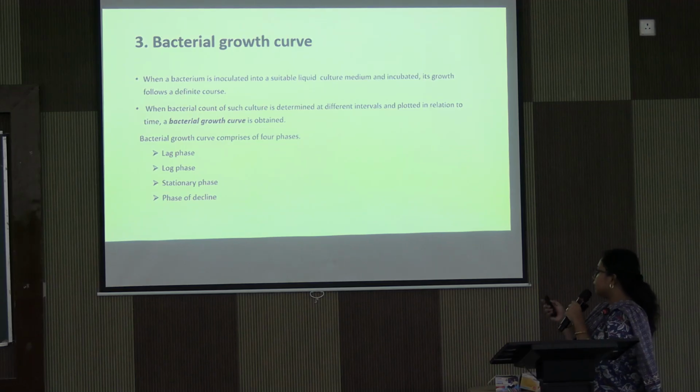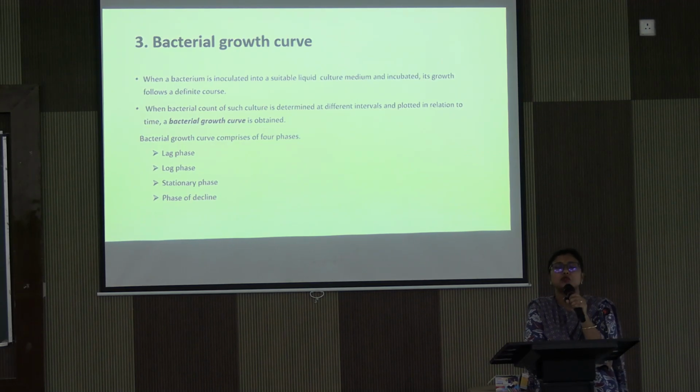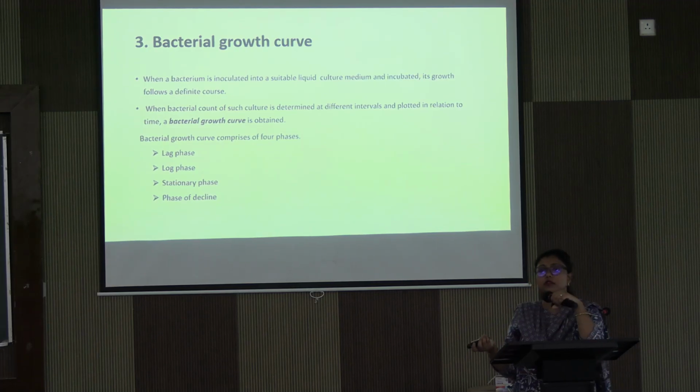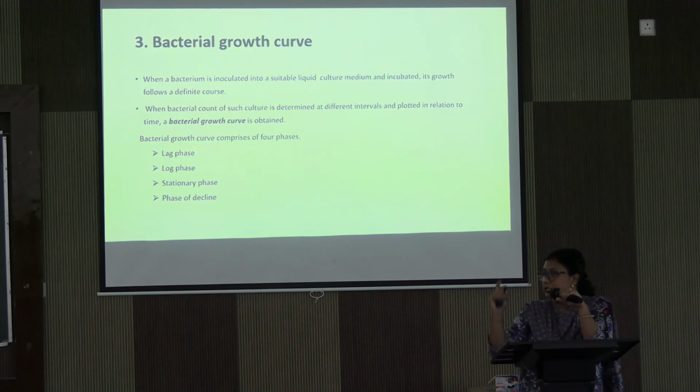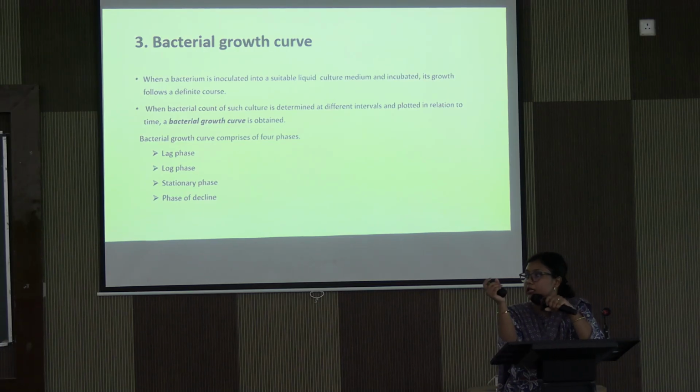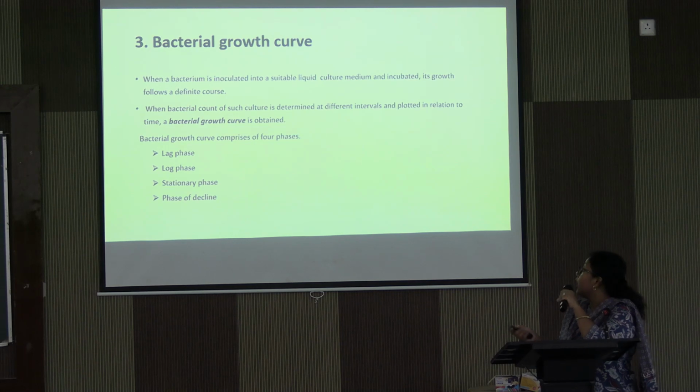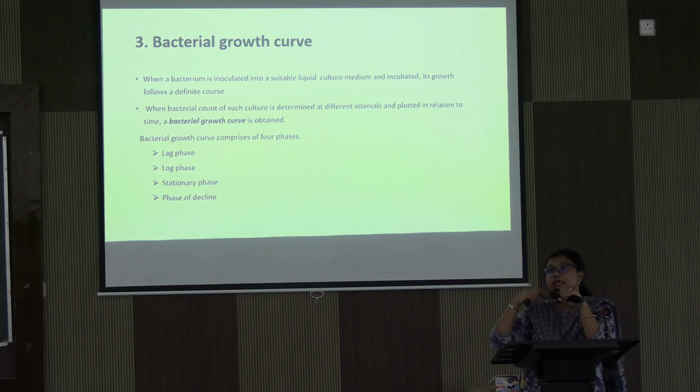So bacterial cell wall is done. Now the bacterial growth curve. You must be knowing the bacterial growth curve. When a bacterium is inoculated in liquid media and after that it is incubated, its growth takes a certain curve.